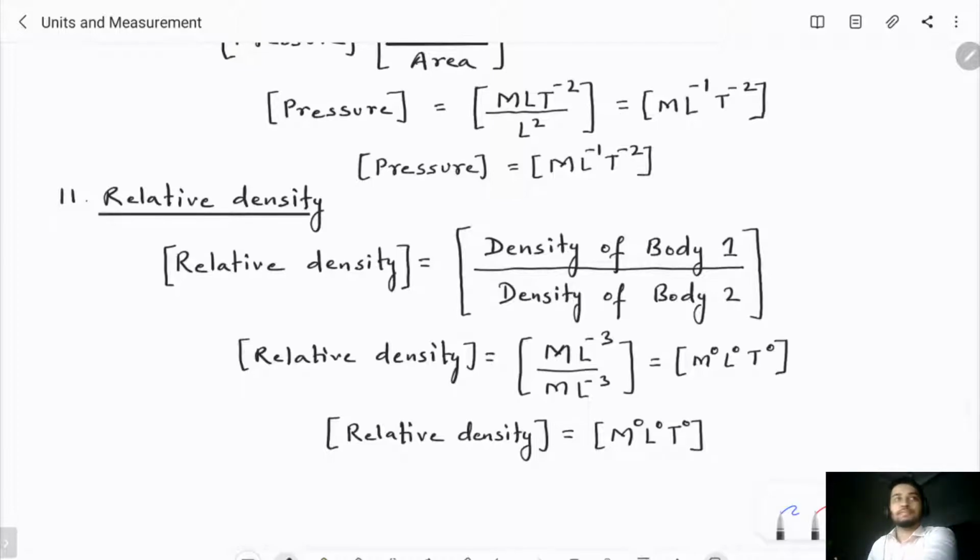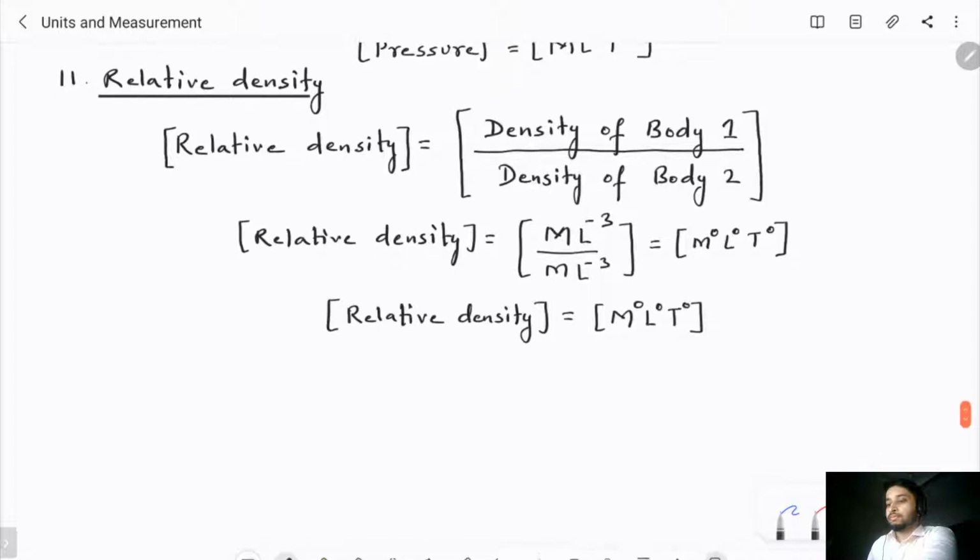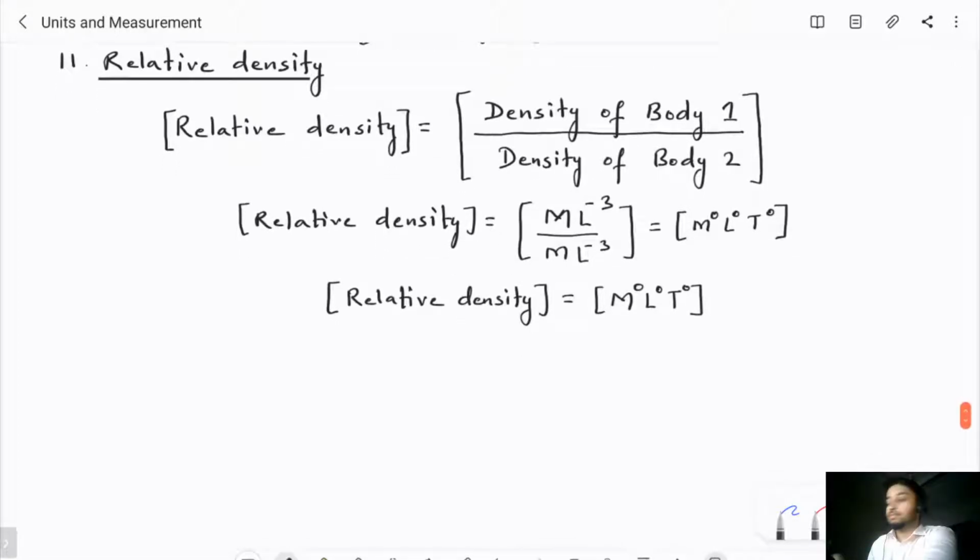Okay. Next we'll see time period. So time period is basically time itself.